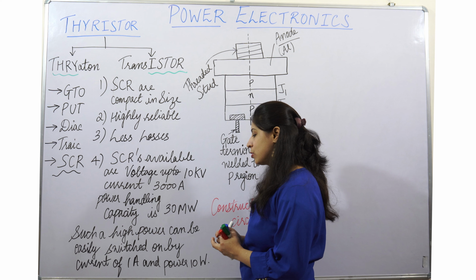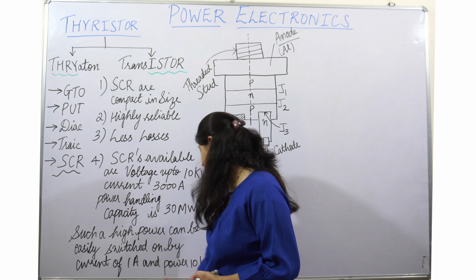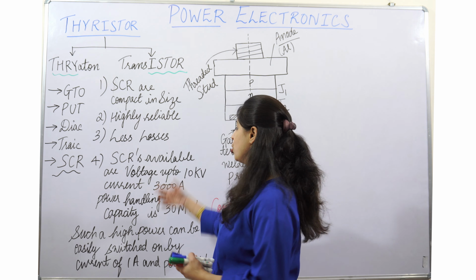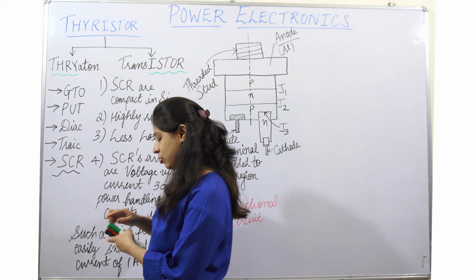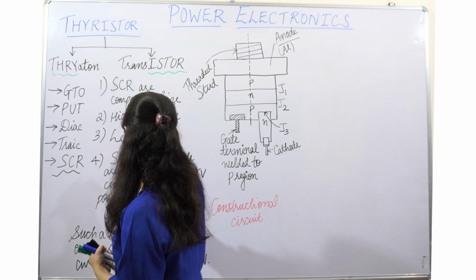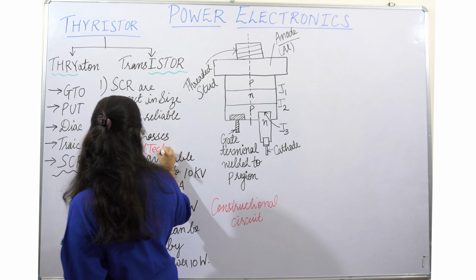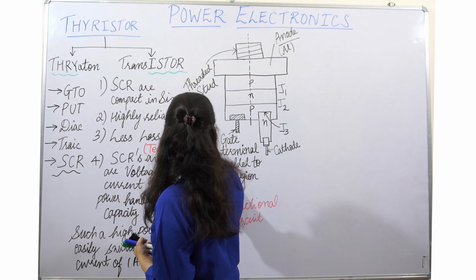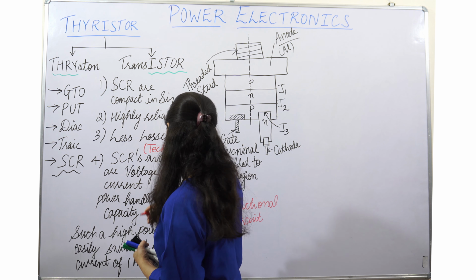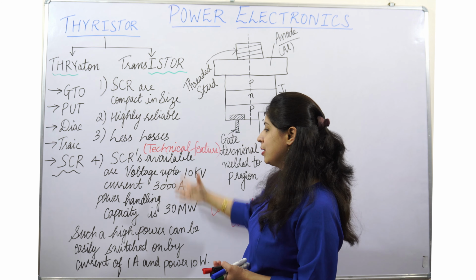Okay, so such a high power can be easily switched on by current of 1 ampere and the power of 10 watts. So these were all the features. The fourth point is the technical feature. You can note it down over here. This one is the technical feature. Okay, so this is the technical feature, and these are the main features of the SCR.